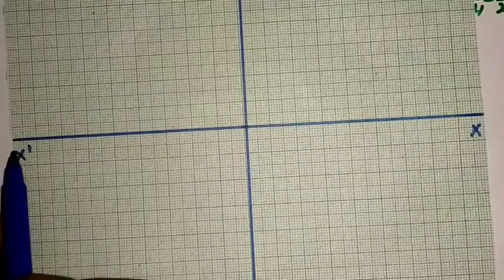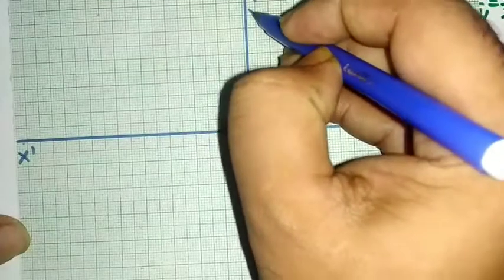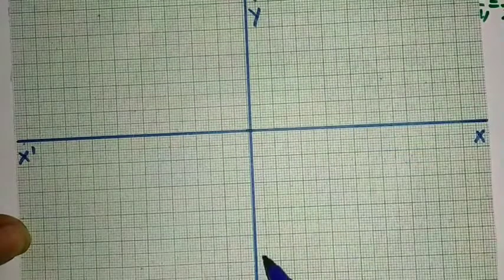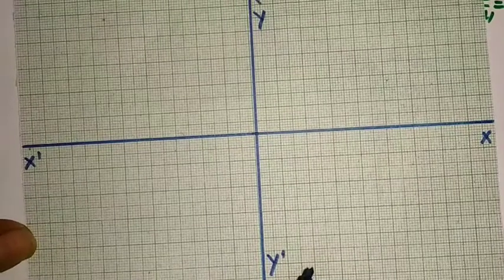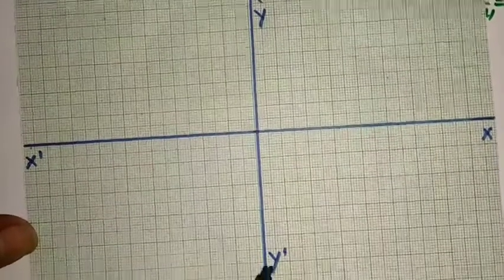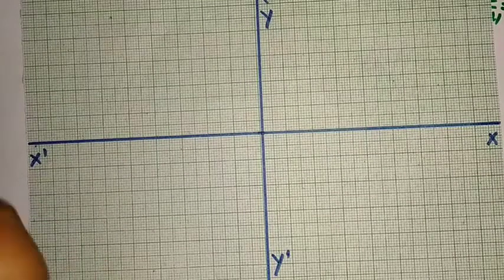First is the horizontal line, and this is the vertical line, we can say Y and Y dash. So these are the coordinate axes.